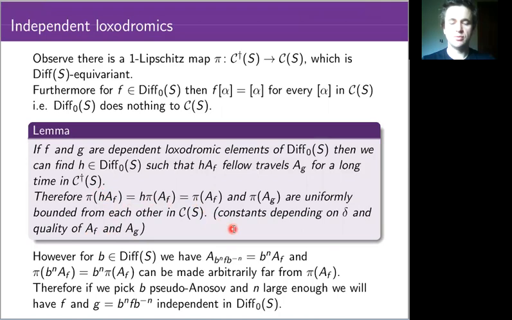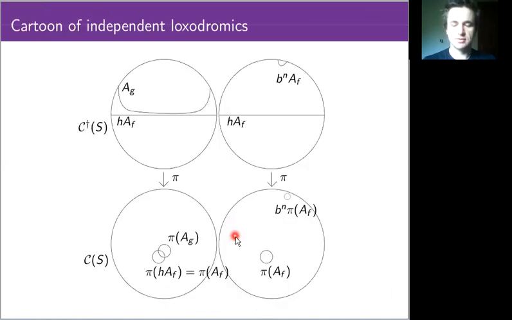So what we need now to find independent loxodromic elements in Diff naught, we just need to make sure that the conclusion of this lemma fails. So this is what we're going to do. We're going to take any loxodromic F in Diff naught, and then conjugate F by some pseudo-Anosov on the whole surface, B, and then raise it to some large power n.